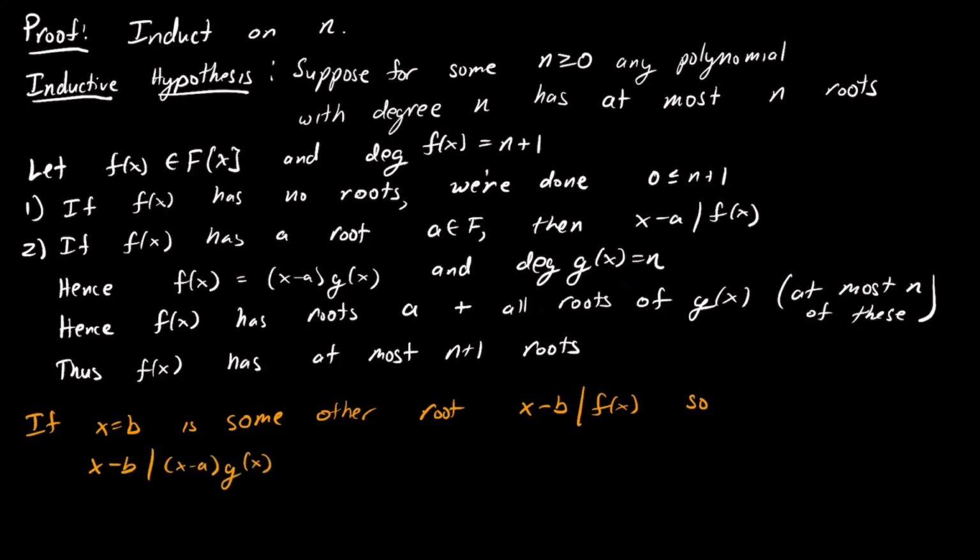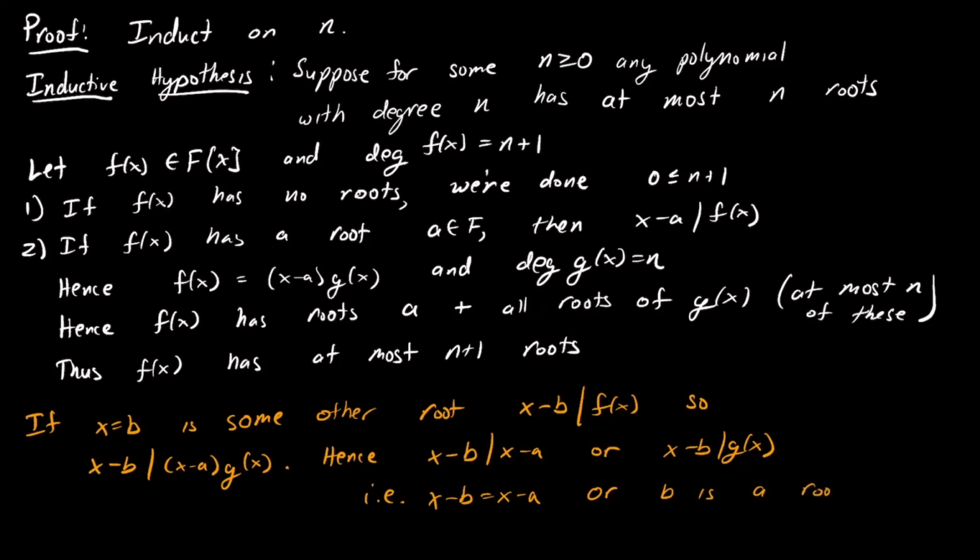And now, since degree 1 polynomials are always irreducible, that means x minus b has to divide x minus a, or x minus b has to divide g of x. In other words, x minus b is equal to x minus a, I'll let you check this as an exercise, or b is a root of g of x, right?